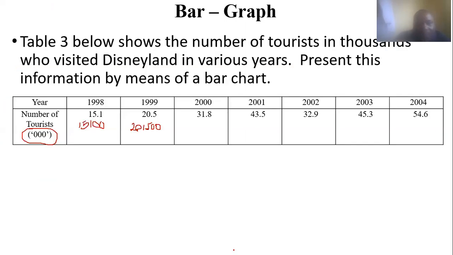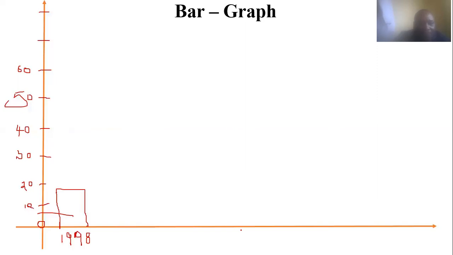Then the second one will be 20.5, I think there. And these bars should not touch each other. So this is 1999. Then it's 31.8. So 31.8 somewhere there.